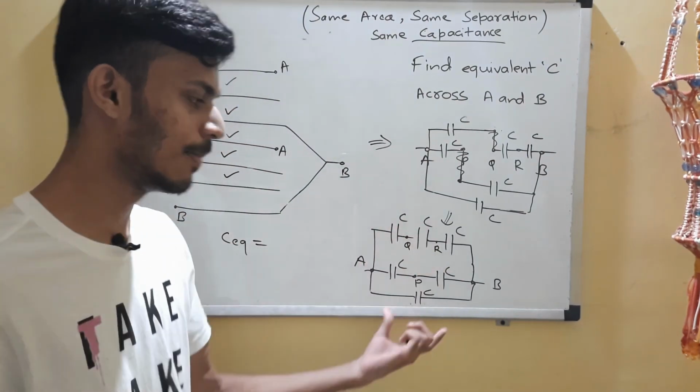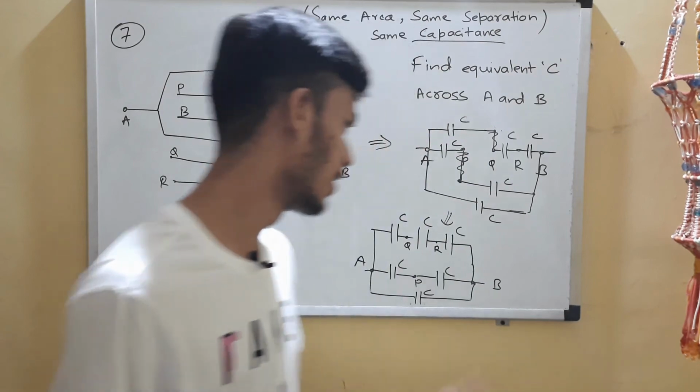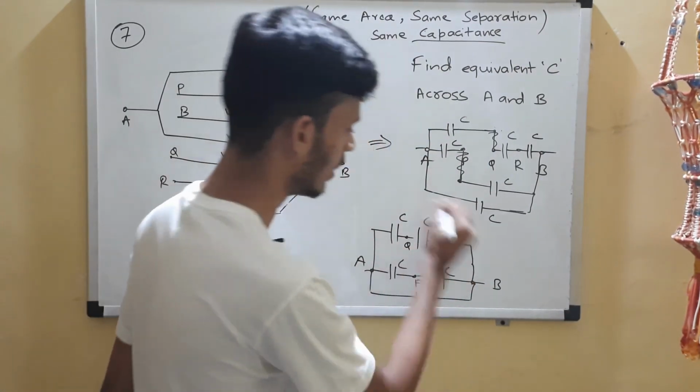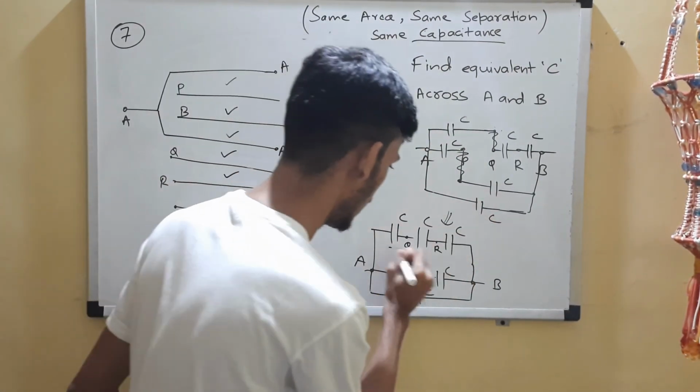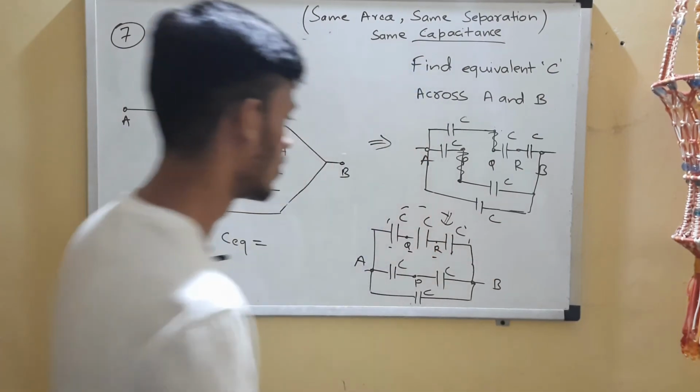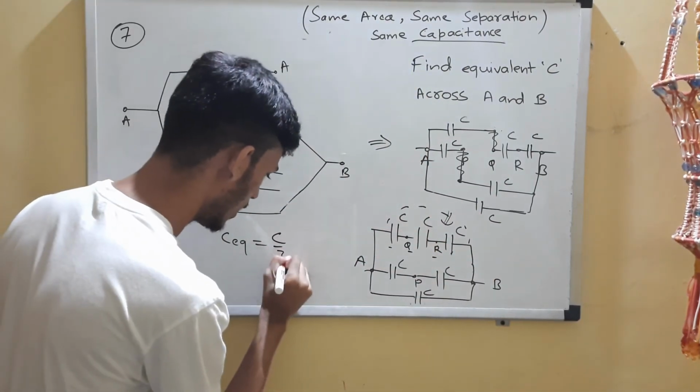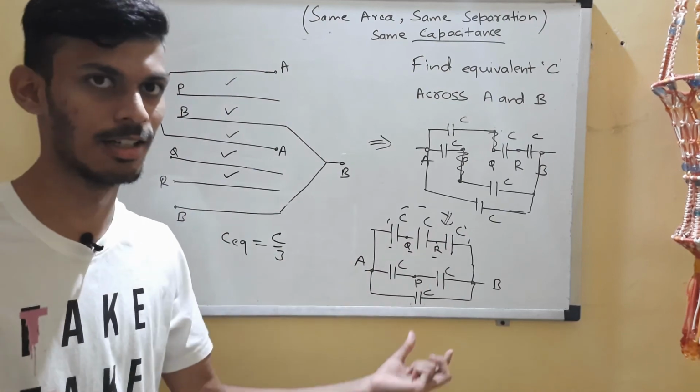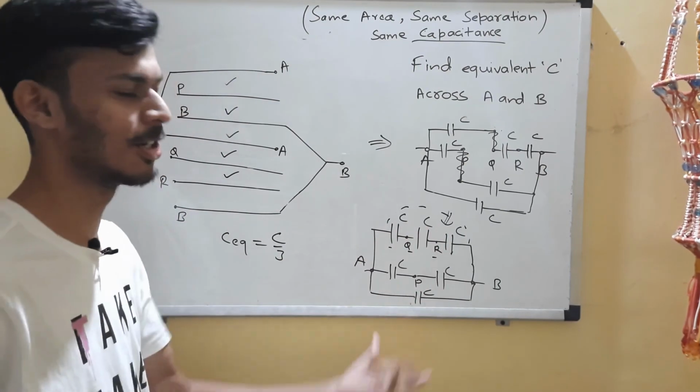So you can easily find the equivalent now. You can see that all the three branches are in parallel. Here these three are in series, as I said. So their equivalent is C by 3, and you have to add the capacitance in all the branches, because they are in parallel.